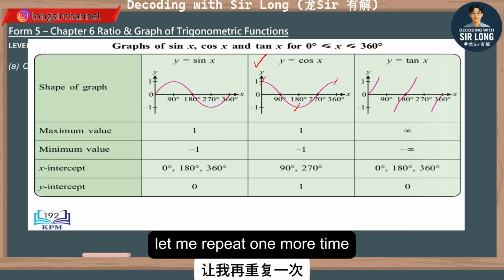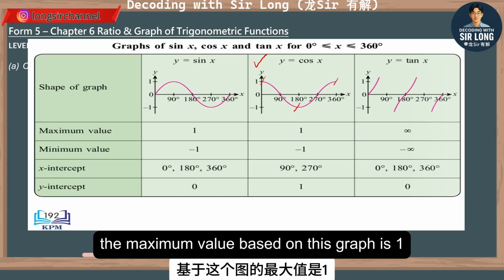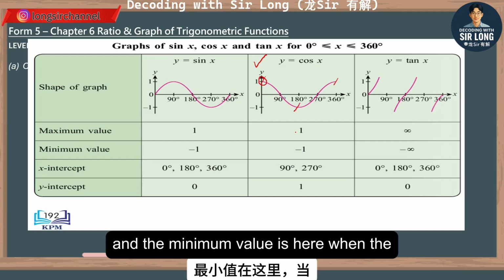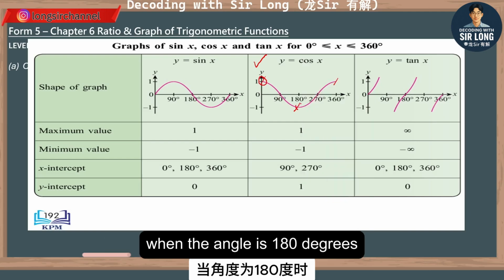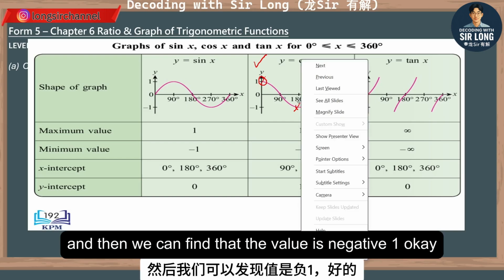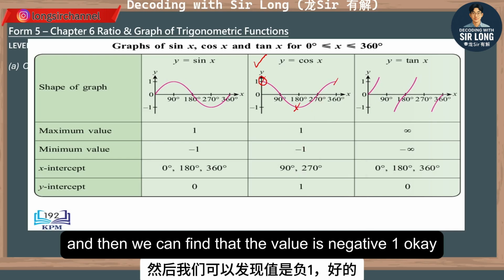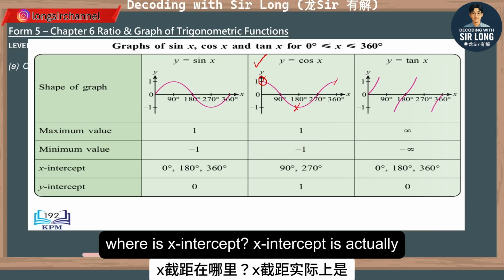Let me repeat one more time: the maximum value on this graph is 1, at the original point, and the minimum value is at 180 degrees, where the value is -1.